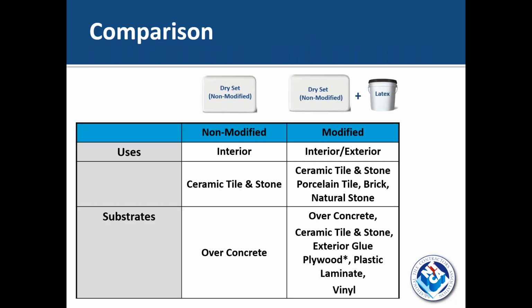And this is just a little snapshot to show you the difference between a non-modified and a modified. So as you can see on the right, modifieds can be used exterior, with porcelain tile. They can be used over a wide variety of substrates, including plywood, plastic and laminate and vinyl and so forth. So it greatly expands where these products can be used and where tile can be installed.